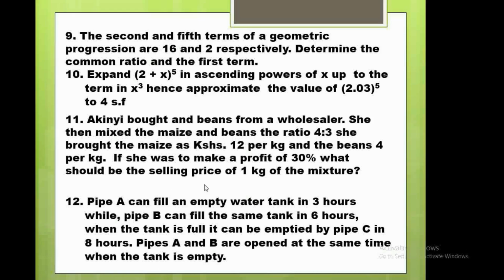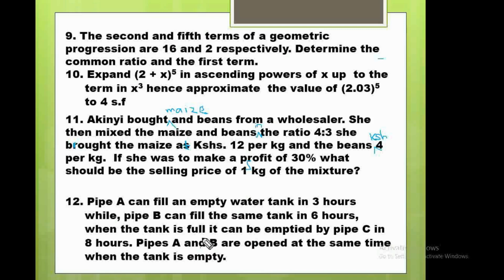Okay, let's move to the next question. That is question number 12. In question number 12, we have a pipe A can fill an empty water tank in 3 hours, while a pipe B can fill the same tank in 6 hours.